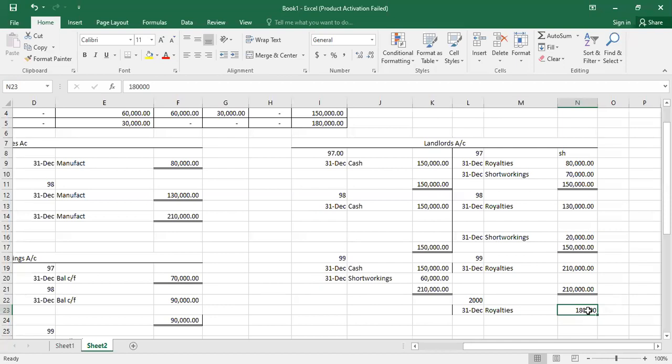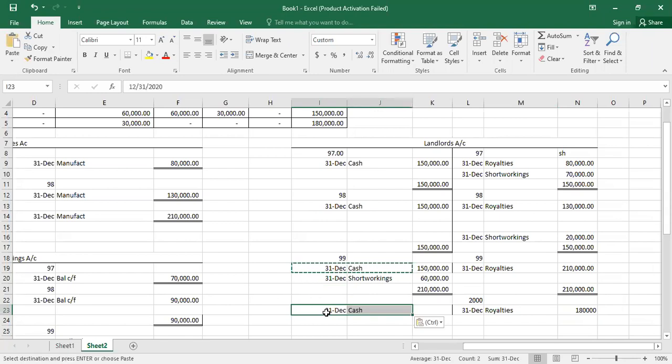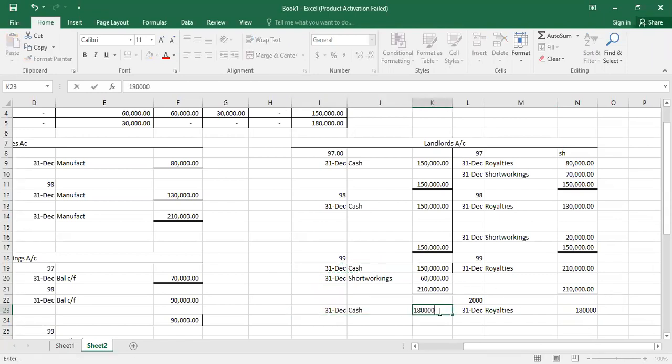So you close this with the cash book. So you are paying the landlord this amount, 180,000 for the year 2000.